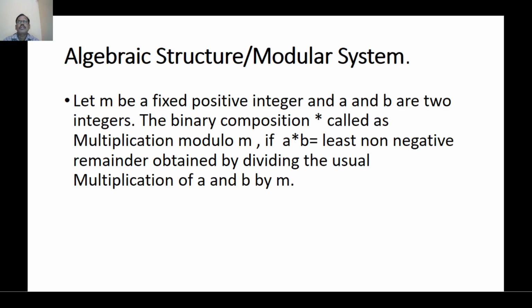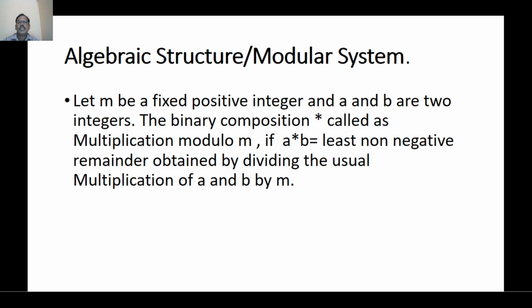If m is equal to, say, 5, and if you multiply 3 and 4, the multiplication is 12. We do not keep it as 12. First of all, you divide 12 by 5, so the remainder is 2, therefore 3 into 4 is equal to 2.